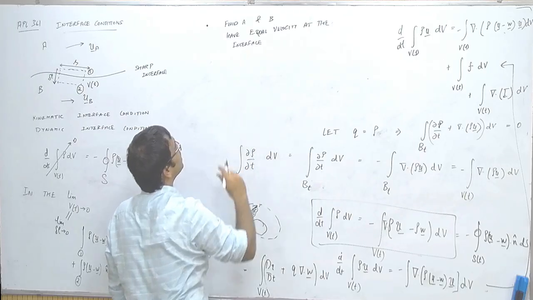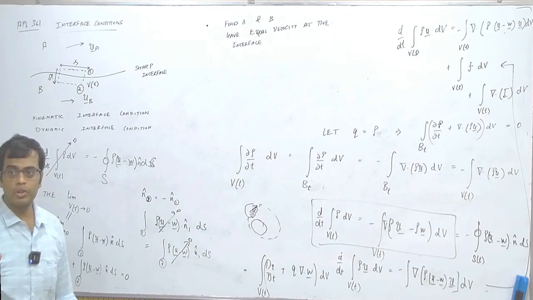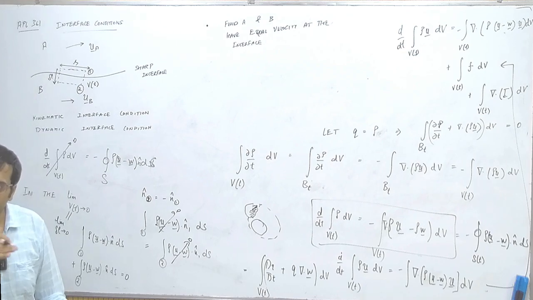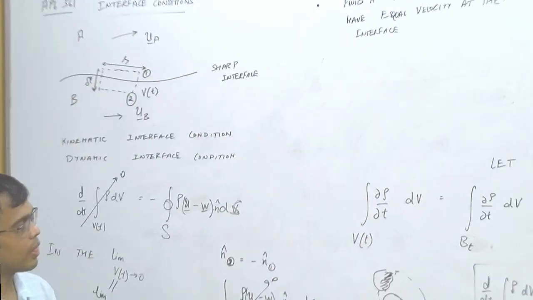So this is something that we hypothesize. The velocities are equal, not normal only or tangential only, the velocities are equal. Okay.